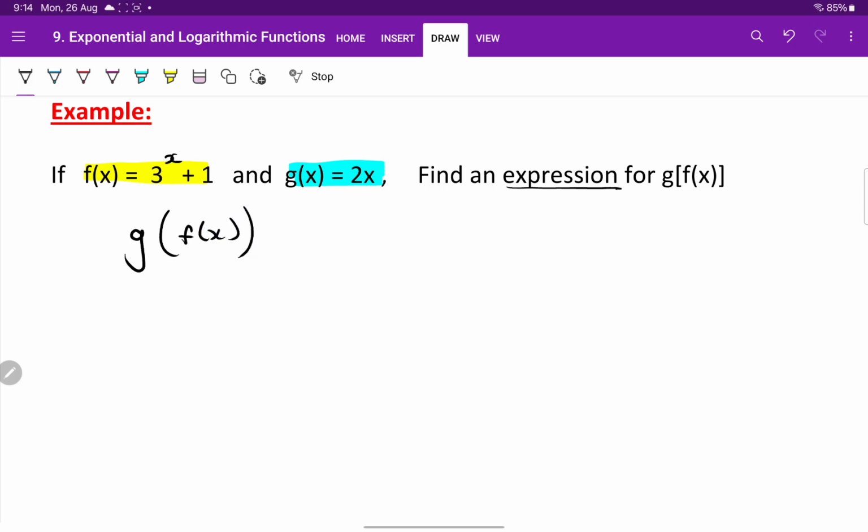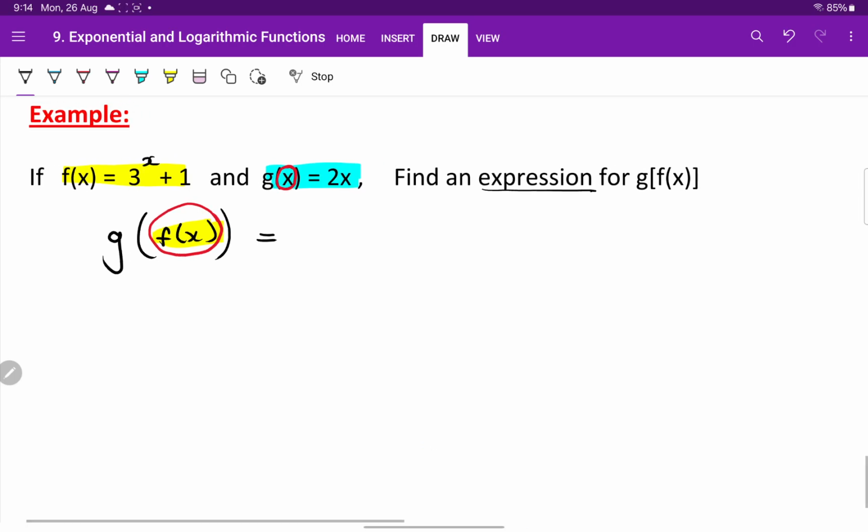f of x. Okay, so if you remember back to your function work, if we have g of f of x, that means everywhere I see an x in g, I'm going to replace it with f of x. So we now have, I'm replacing x with... oh, hang on, where are we?